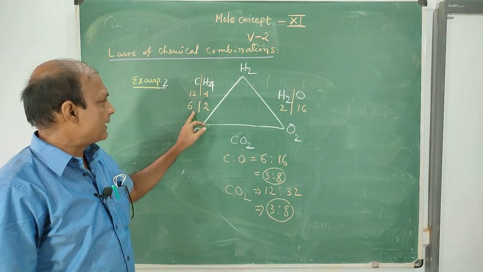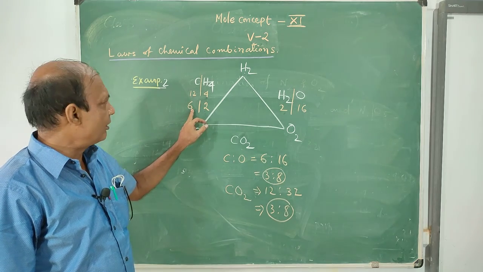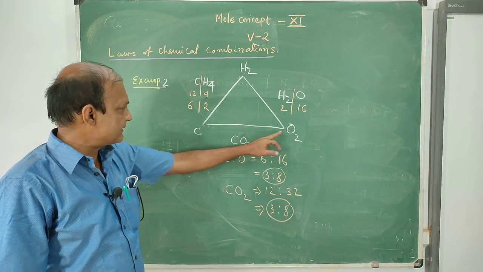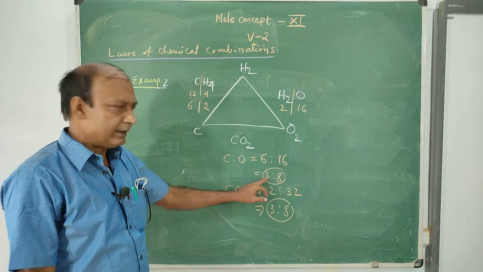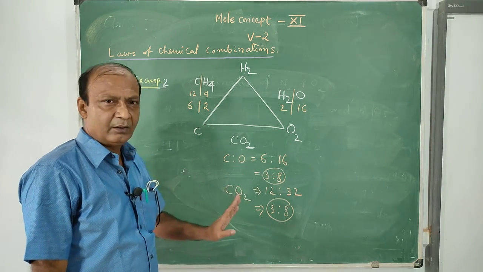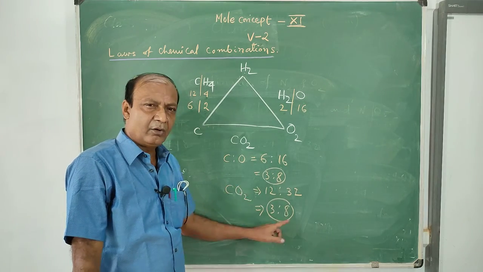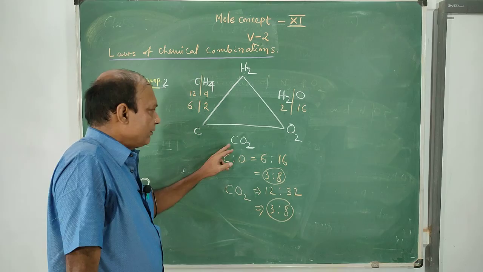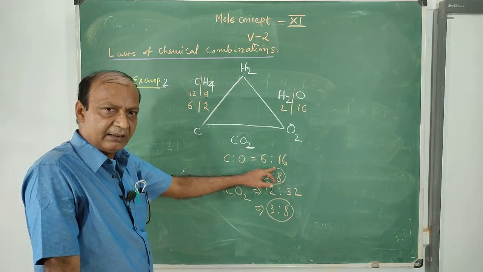The ratio of masses of these two elements is either equal or some integral multiple of the ratio of these elements when they combine with each other.